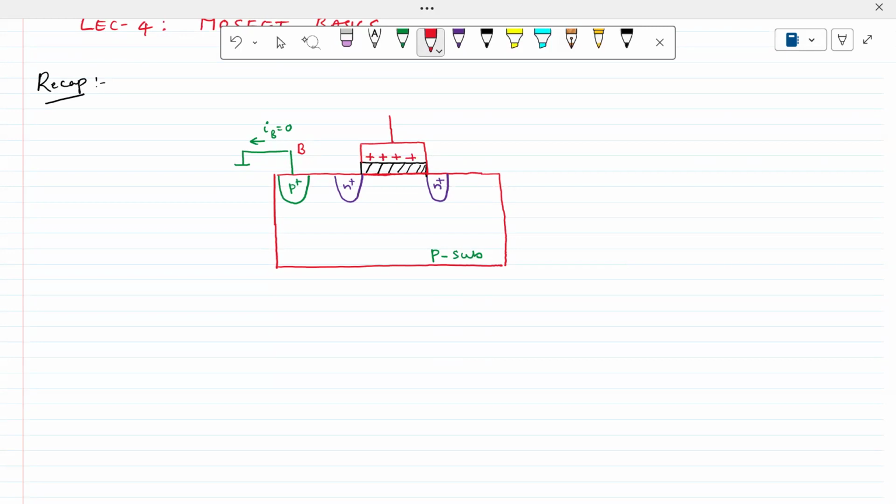Here we have depleted the carriers, which is why equal and opposite ions are available. Therefore under the silicon dioxide we don't find any free carriers. Holes cannot be there, since these atoms are associated with three holes.